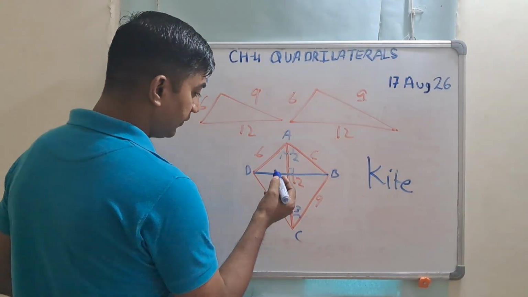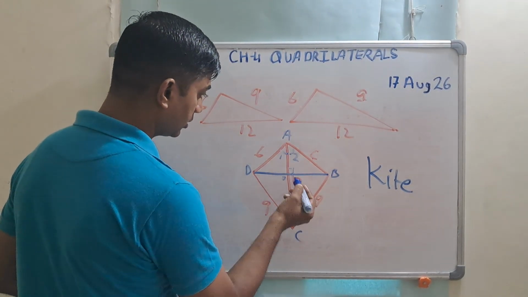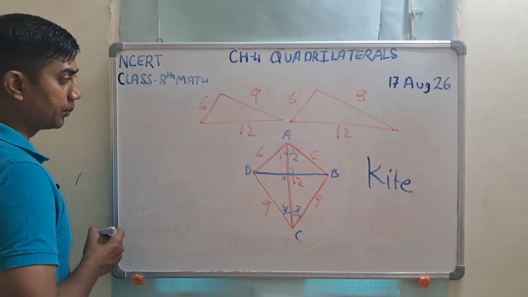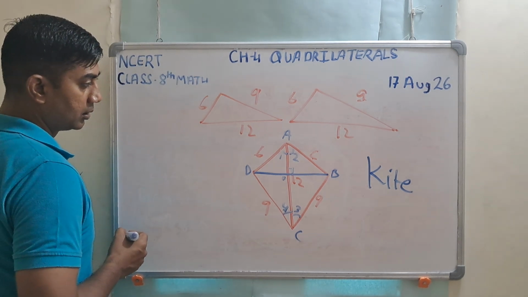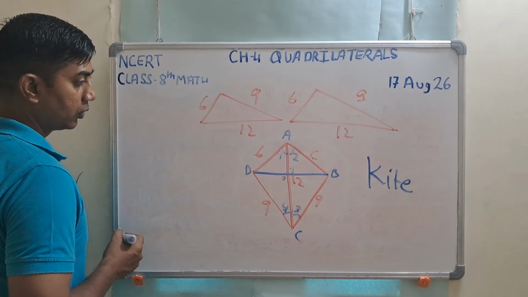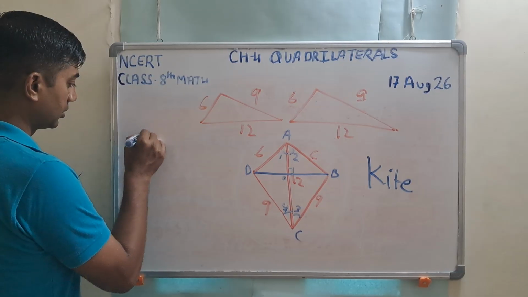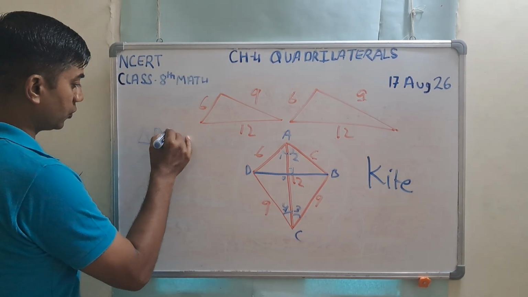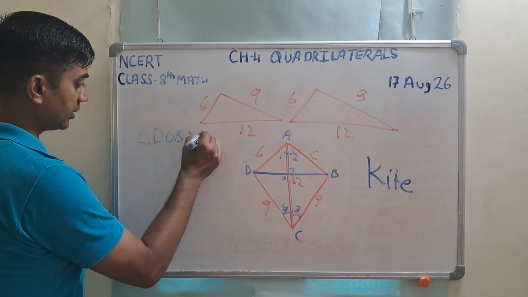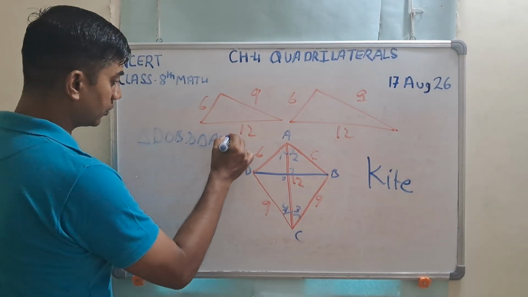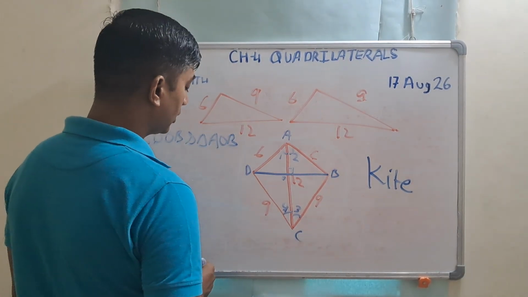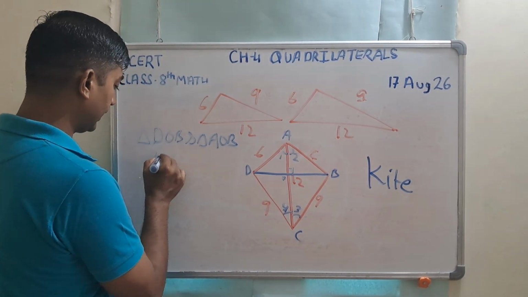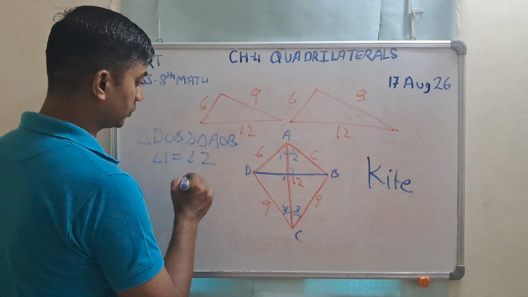Now see, if we take triangle DOB and triangle AOB. Understood? What we see? Angle 1 is equal to angle 2.